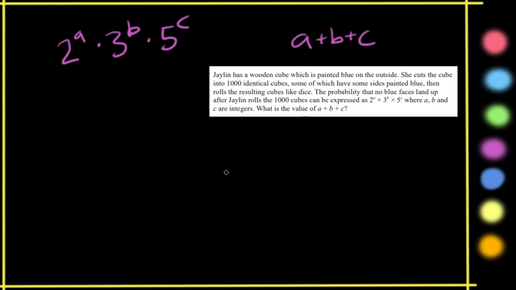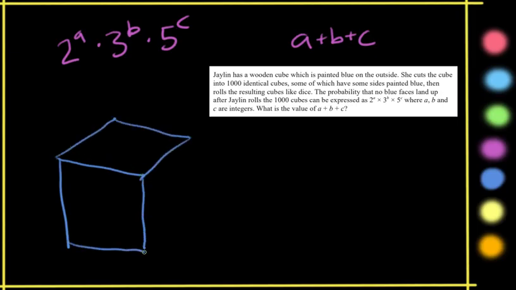This is a really tricky one. So you've got this big cube that's painted blue. Maybe I should draw it in blue. Got this big cube that's painted blue. And then you chop it up into 1,000 cubes.